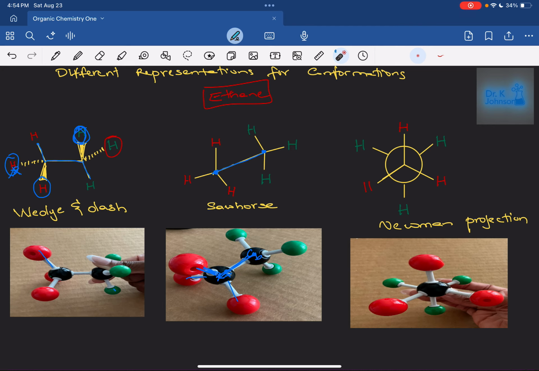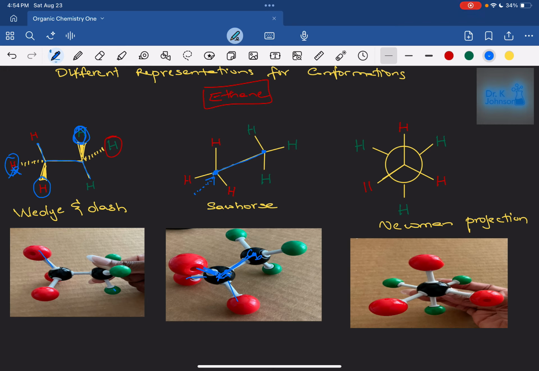So that's what your sawhorse looks like. To convert the sawhorse, or to draw in general your Newman projection, the sawhorse is rotated until the front carbon blocks out the back carbon. So you as the observer are here, this is where your eyes are, and you look at the front carbon in a way where it blocks out the back carbon. That's how you draw your Newman projection.